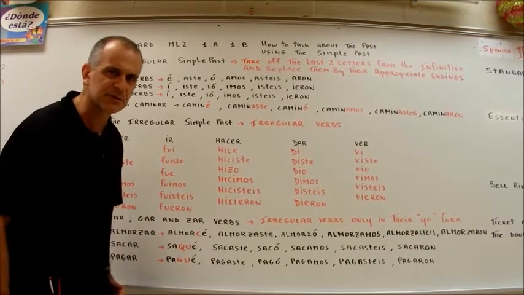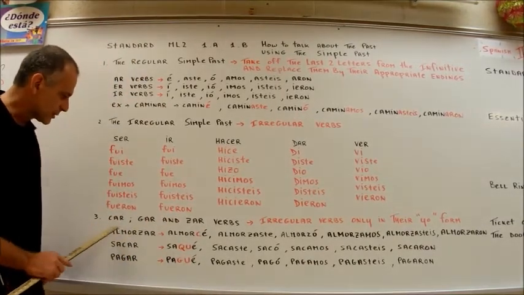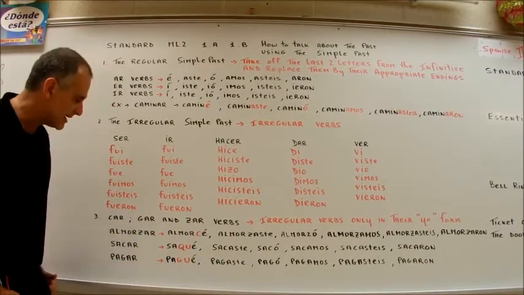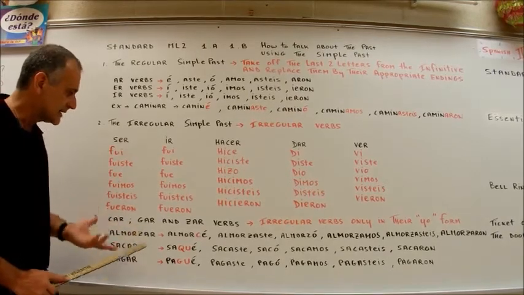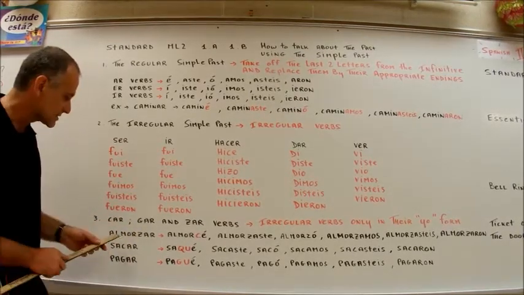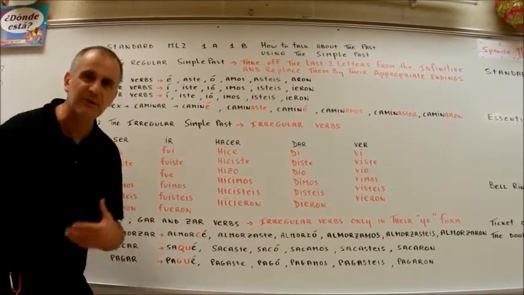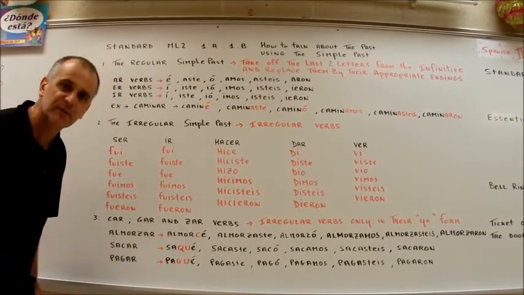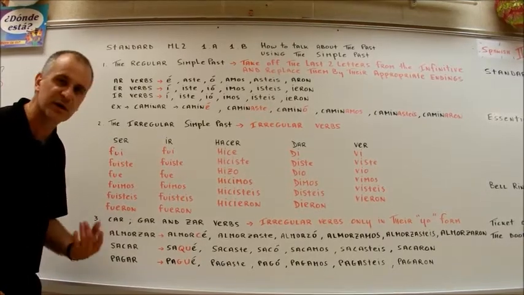Now it gets a little bit trickier here with point number 3. When you talk about the car, gar, and zar verbs, you're talking about verbs that have zar, car, and gar endings, such as almorzar. Well, you know by now that almorzar means to eat lunch. What's going to happen with almorzar is that it's going to have an irregular yo form.